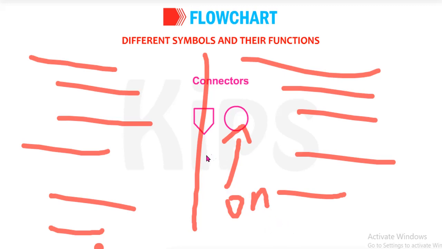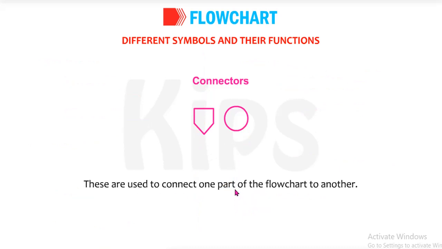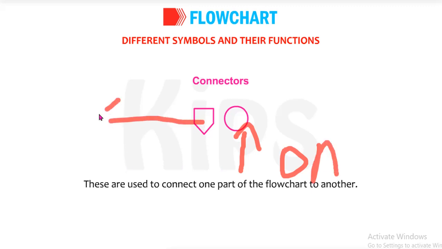Whereas the second one is used to connect one part of the flowchart to another. So this one we have already seen. What is this one? On page connector. So what about this one? It is off page. Off page connector for what?